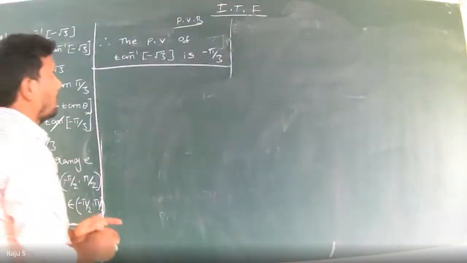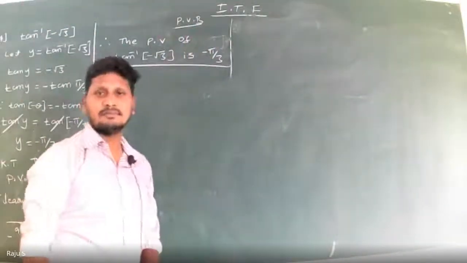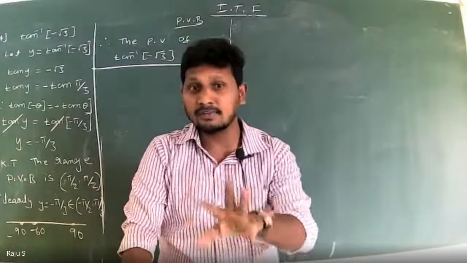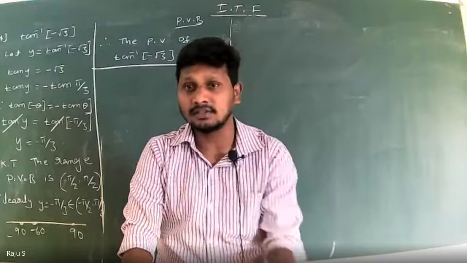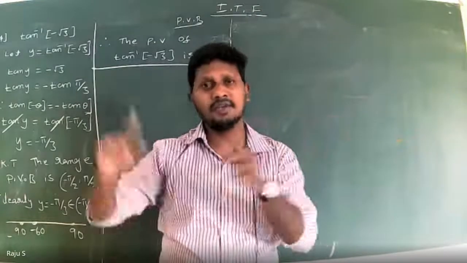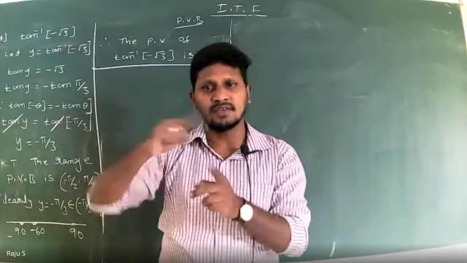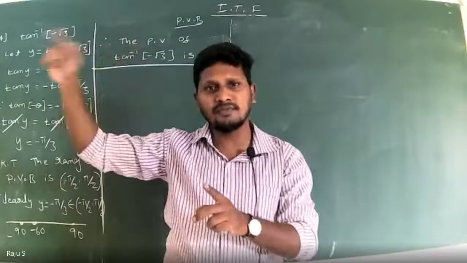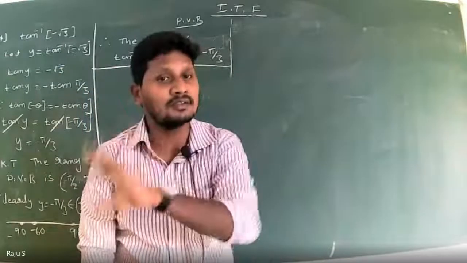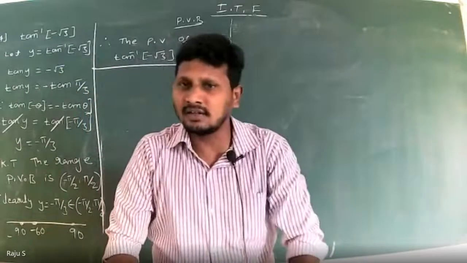What is PVB, sir? Principal value branch. Yesterday, I clearly explained that principal value branch. Sin x has a domain of minus infinity to infinity. But if we take minus infinity to plus infinity, it is not one-one with the help of the horizontal line test.